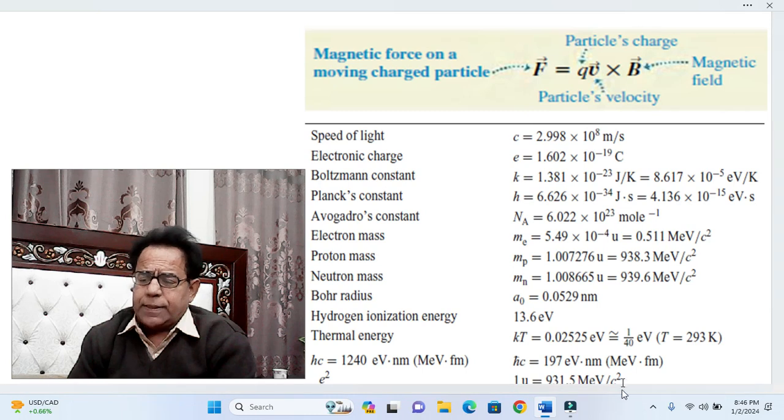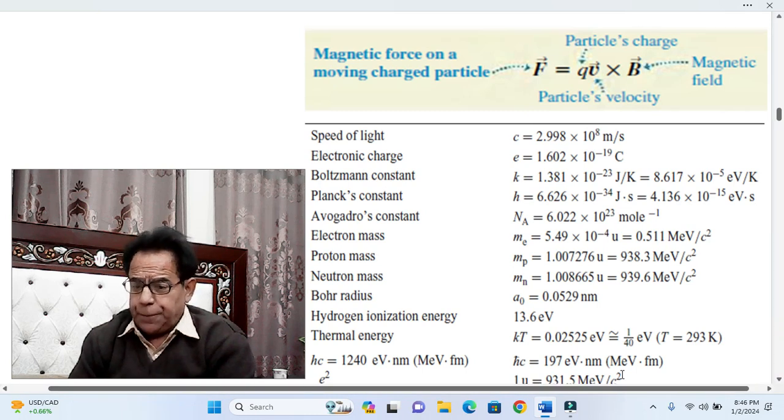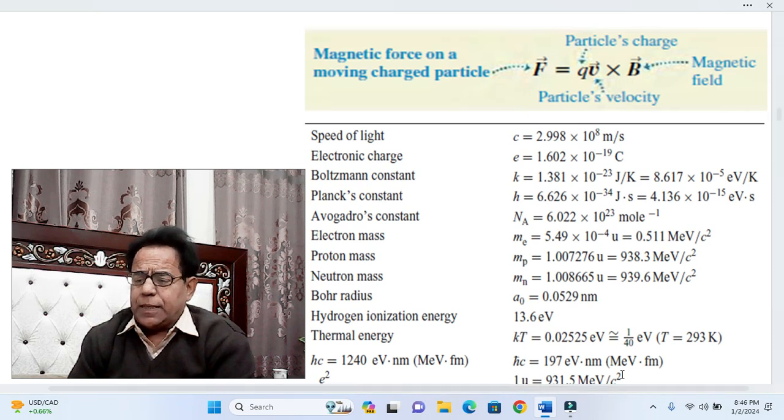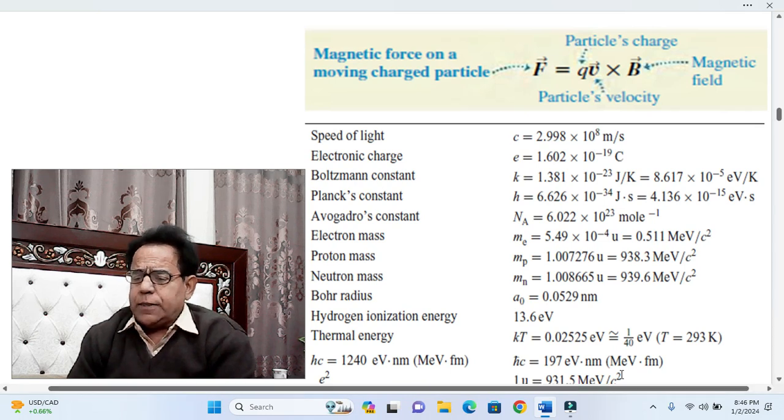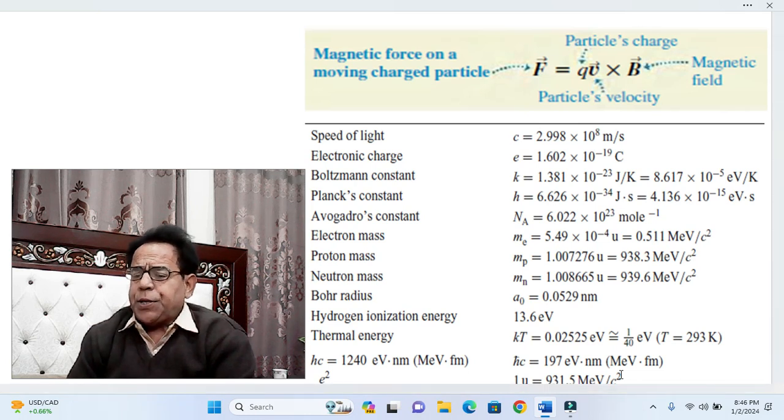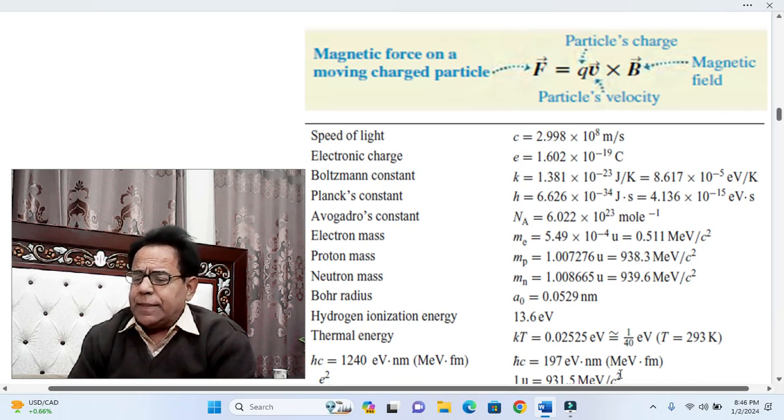According to this snapshot, the magnetic force on a moving charged particle, F vector, is equal to q v vector cross B vector, where F is the magnetic force, q is the particle's charge, v is the particle's velocity, and B vector is the magnetic field.